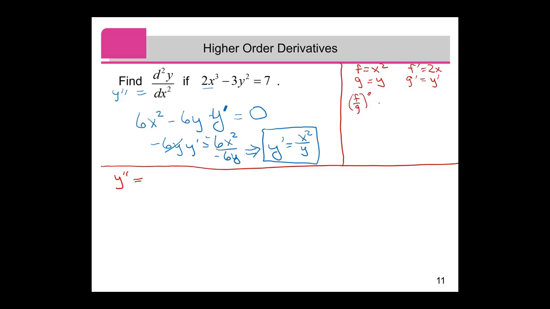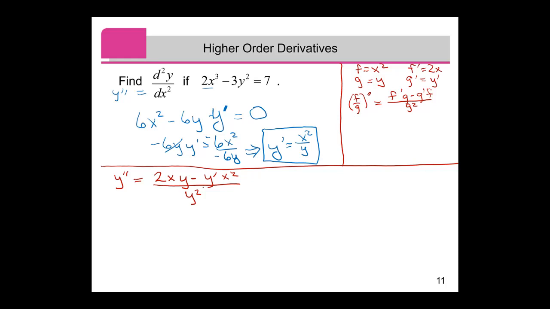I have to do the quotient rule, which is f prime g minus g prime f over g squared, right? So the derivative of f is 2x times g, which is y, minus g prime, which is y prime, times f, which is x squared, over g squared, which is y squared. Agreed?